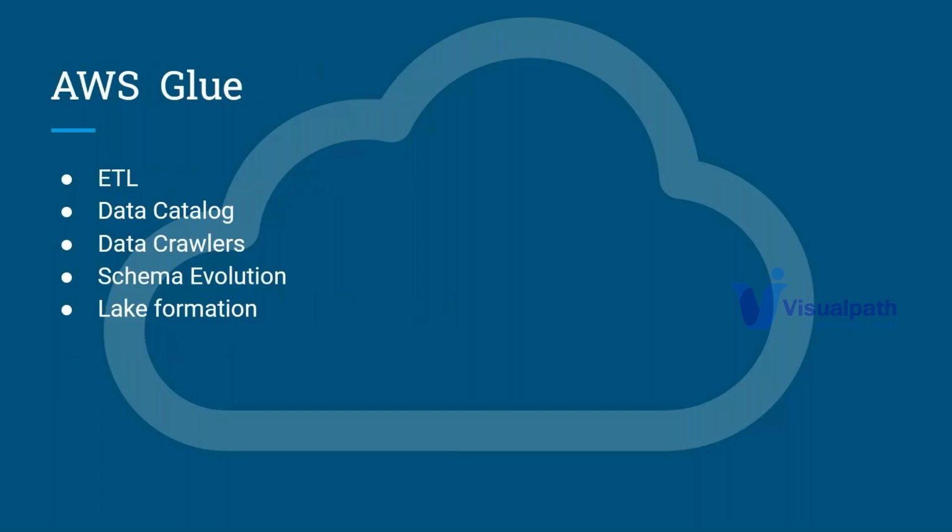And we are going to discuss one AWS service, which is AWS Glue, which we already discussed a few things about, and we are going to discuss a little bit more. AWS Glue is an ETL service which is serverless, which means we don't need to create a server or cluster or anything.